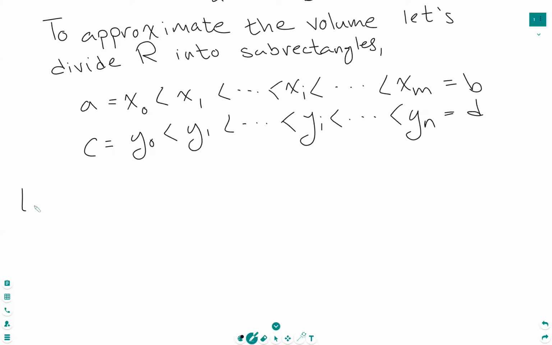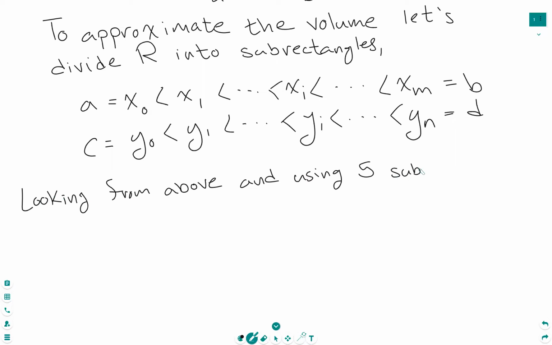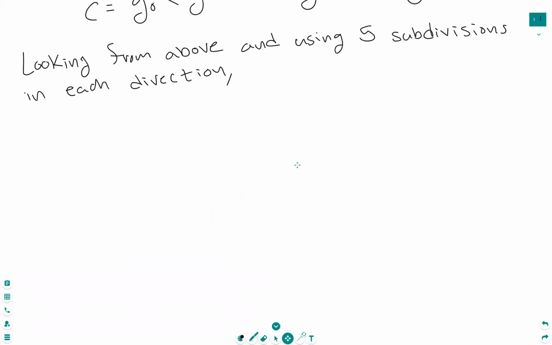So looking from above, and using 5 subdivisions in each direction, what we can do is sketch out what this looks like if we're looking down at our surface.